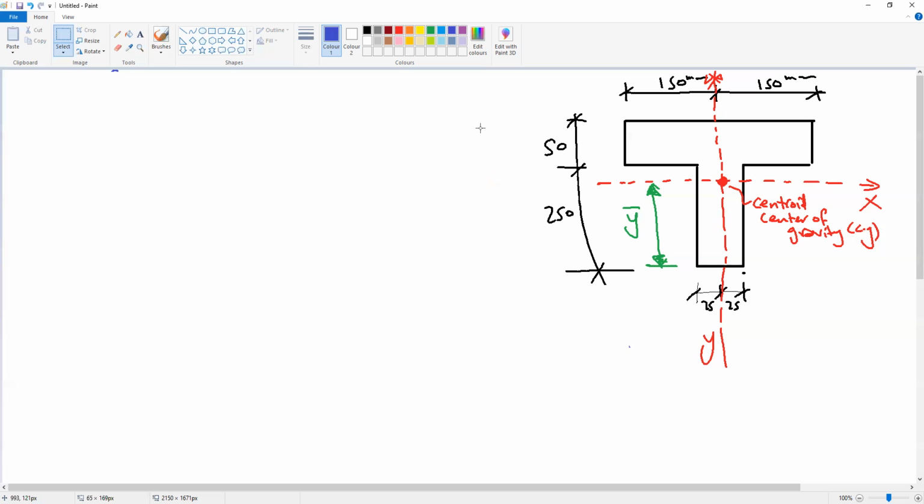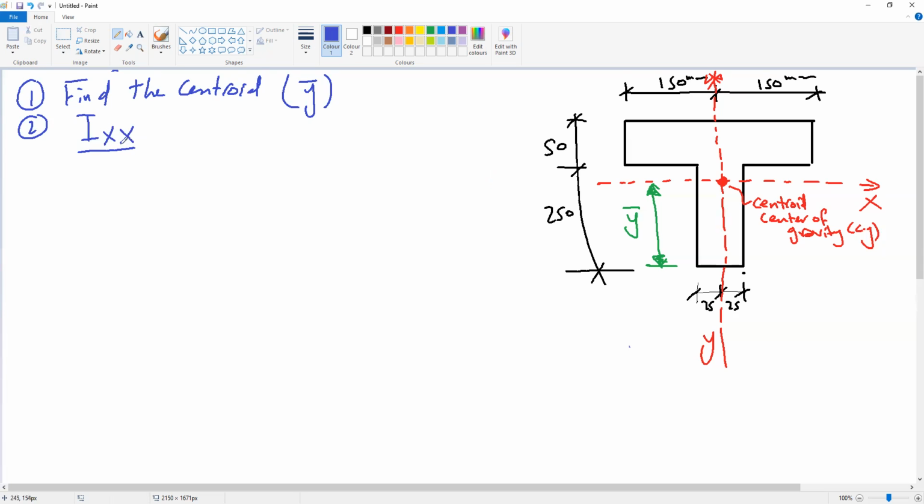The requirement for this question is to find the centroid of the cross section, which is y bar. This is our first requirement. The second requirement is calculating Ixx, or Ix, for the whole section. How can we do this?